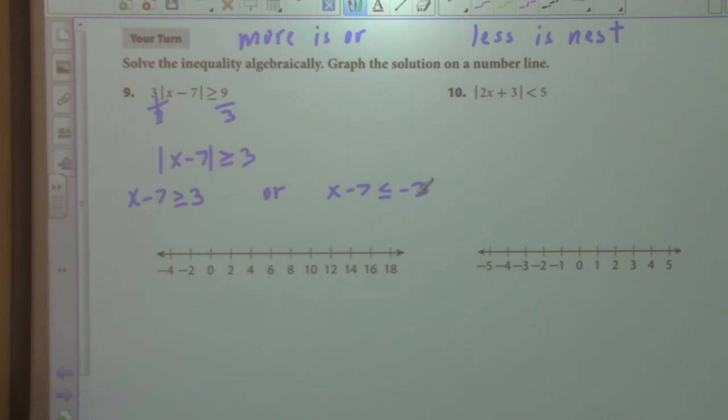Marcus had a very good question: why did I switch the sign? Let me tell you why. When you switch the sign, it's like you're dividing or multiplying by a negative number, right?